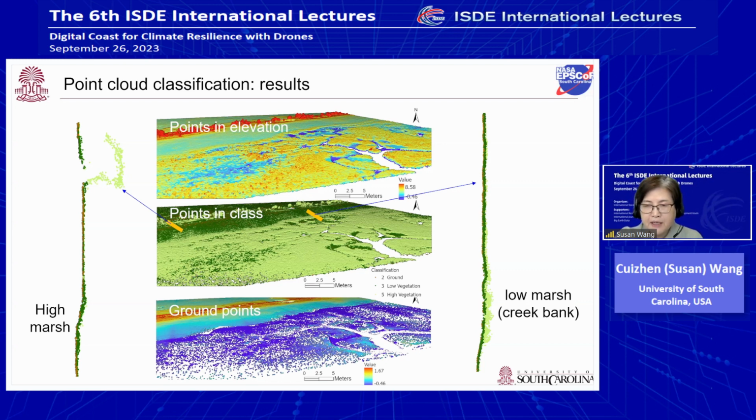After removing the vegetation points, the third one here is the ground only points, and that shows the bare earth. So that is the one used to extract bare earth surface, or DTM. There's something I really want to share here. I'm not sure if you can see my pointer, but from the second map here, there's a very clear split line between the high marsh and low marsh.